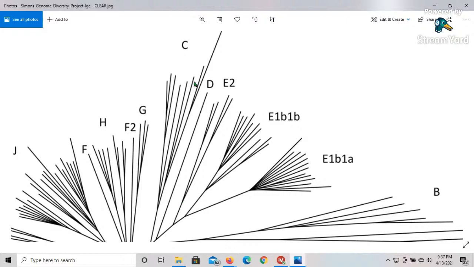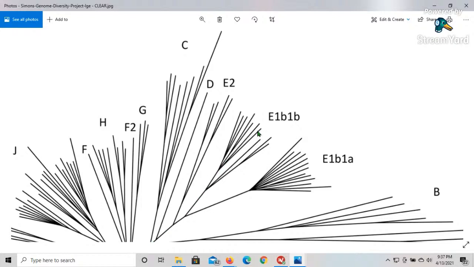Because if they were here, the CY chromosome would branch off from the E3 Cushite tree, and the DY chromosome would branch off from the E3 Cushite tree. And apparently the E2 does too.